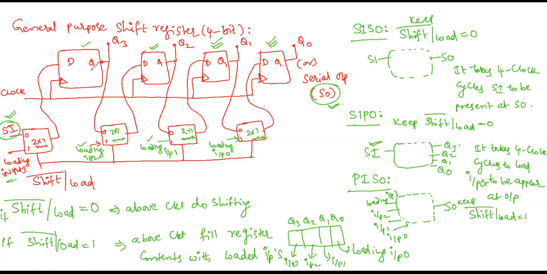Then the inputs will be loaded into the registers, and the loaded values will come outside, one bit for each clock pulse. After 4 clock cycles, all the loaded input values will come outside at the serial out.